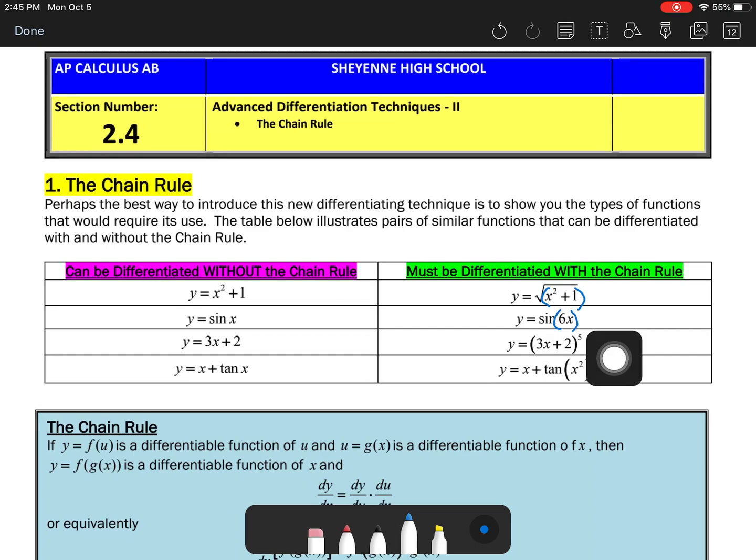I think the outer function is the 5th power and the inner is the 3x plus 2. And again, here the outer function is tangent and the inner function is x squared. Whereas here, if we're taking tangent of just x, as long as it's just x, then we don't have to really think about the chain rule, and we'll talk more about that later.